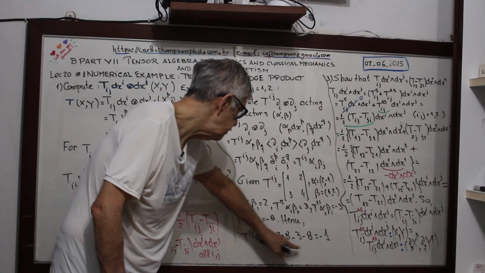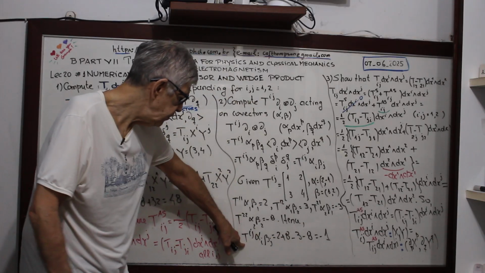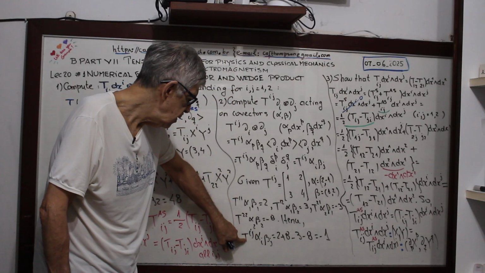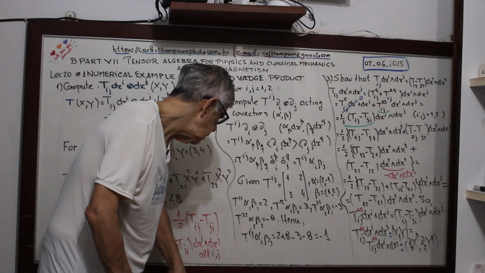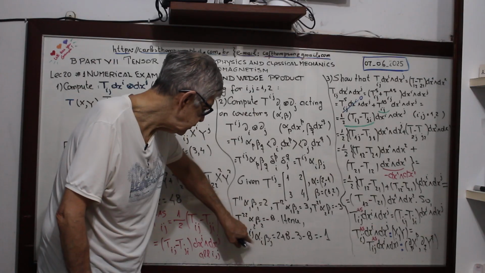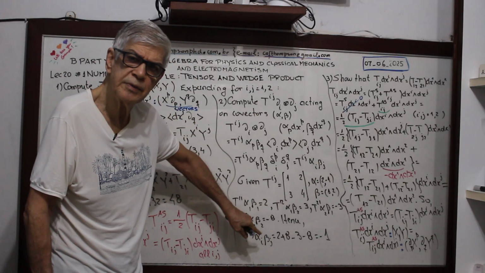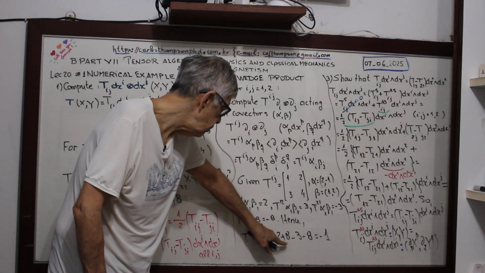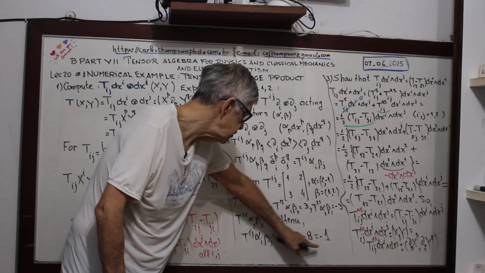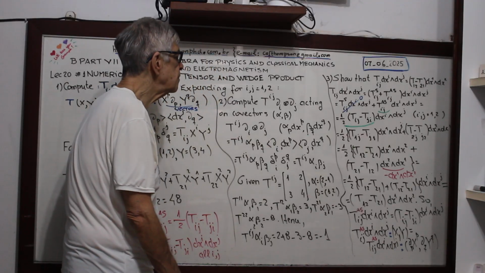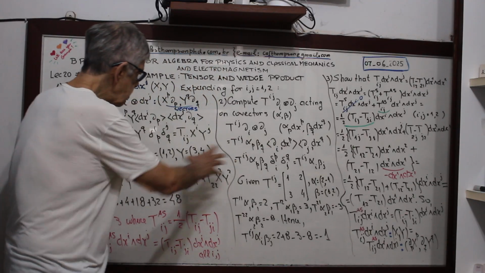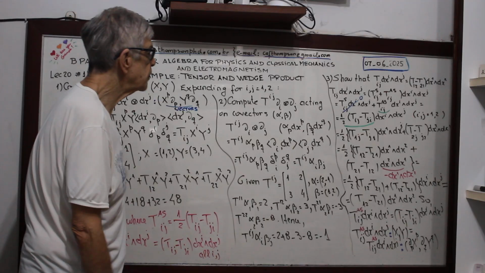Hence, this sum, quite easy, you develop this, alpha_i beta_j. These i and j are dummy indices, so this is 2 plus 8 minus 3 minus 8, which is equal to minus 1. You see the difference, okay? That you can compare to this map.